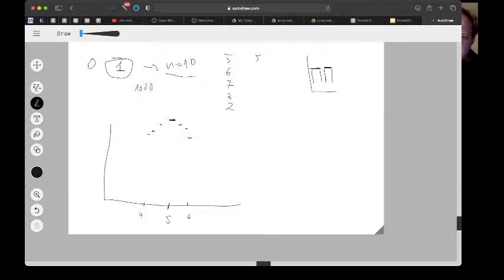And basically what the central limit theorem states is that no matter what your starting distribution was, if you do this for enough n's, you always get a normal distribution at the end.